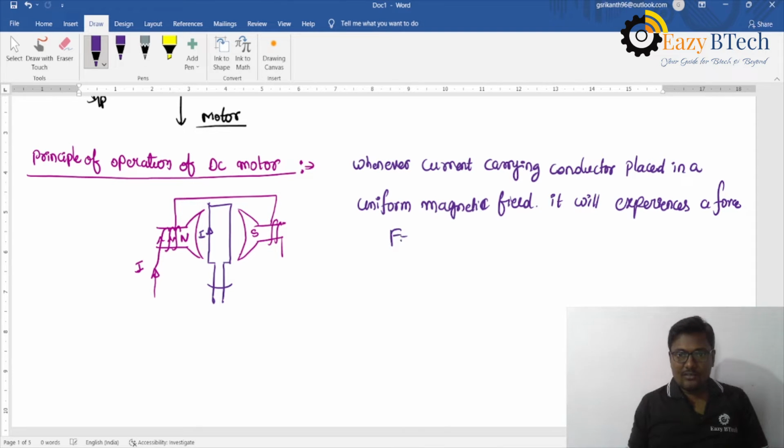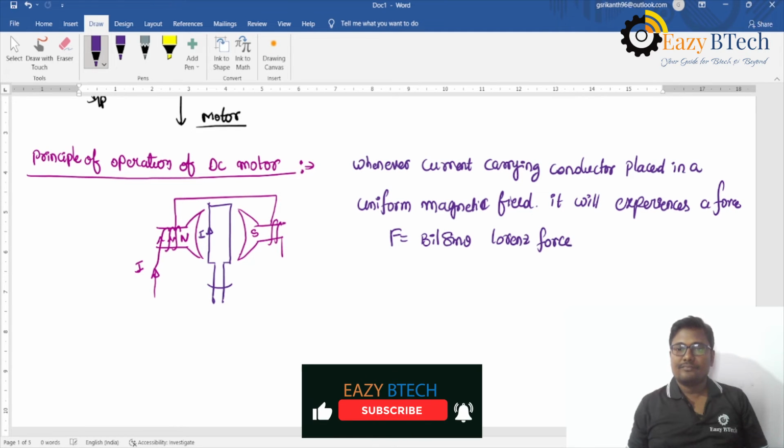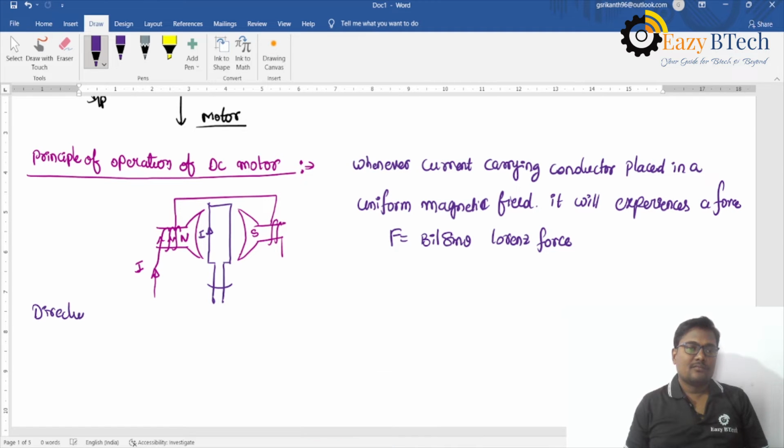The magnitude of the force is according to Lorentz force equation, and the direction of force is decided by Fleming's left hand rule.